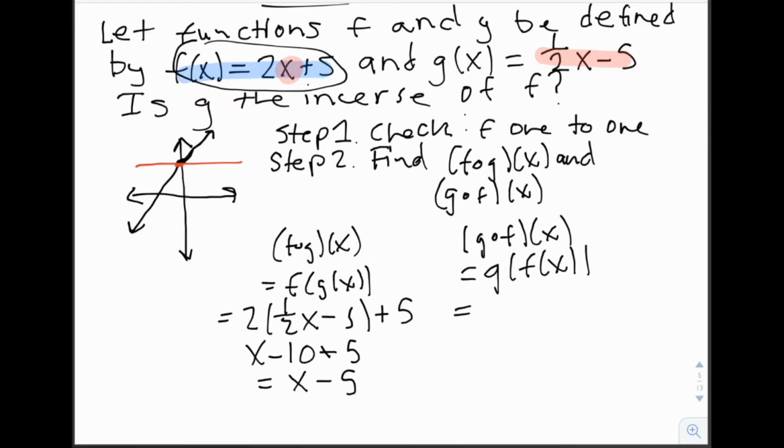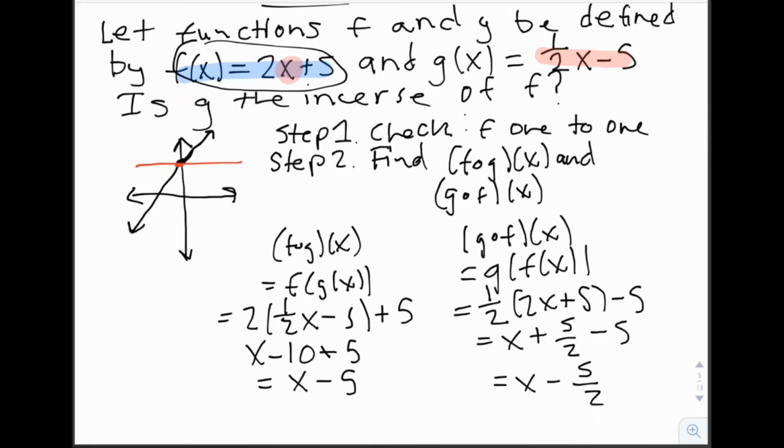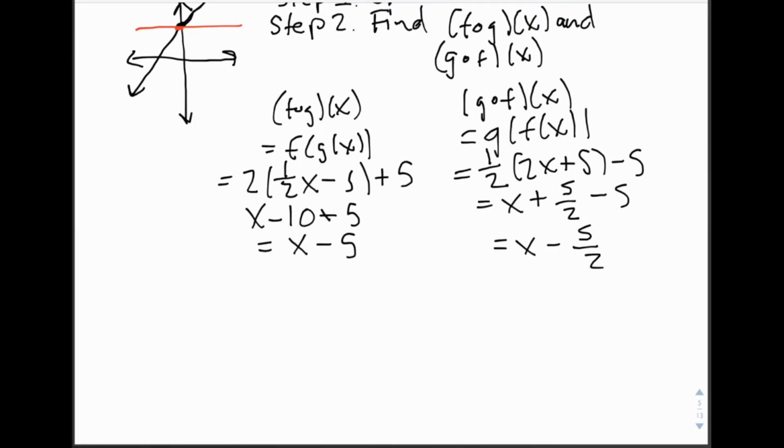That will give us 1/2 times 2x plus 5 minus a 5, or in other words, x plus 5/2 minus a 5, which is equal to x minus 5/2. So step 3, we need to do some evaluation and figure out if this is what we wanted. So step 3, we'll write it down here.